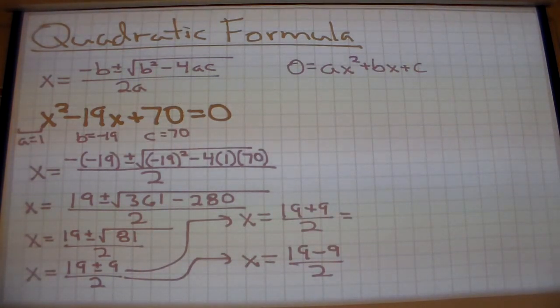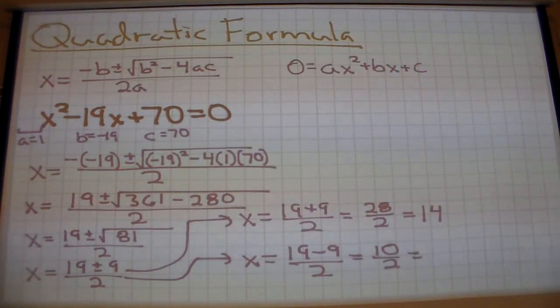So for the top one, I get 28 over 2, which is 14. The bottom one, I get 10 over 2, which is 5. So our answers are 14 and 5.